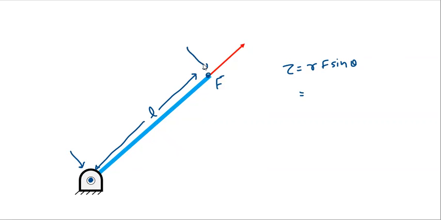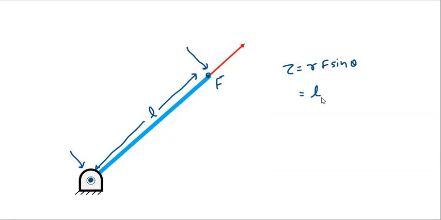Suppose that now the force is F and it is being applied here at distance L from the center. Center means the point about which the body will rotate. Now we'll calculate torque. So torque will be R F sine theta. Now what will be R? R is the distance between the point about which the body will rotate and the point at which the force is being applied.